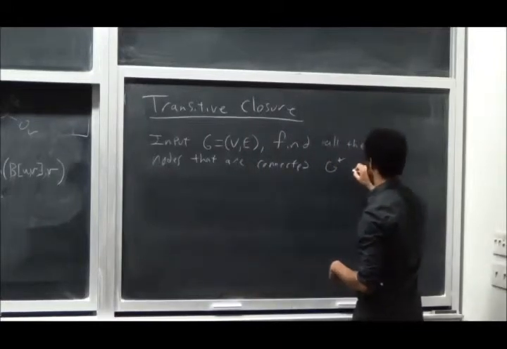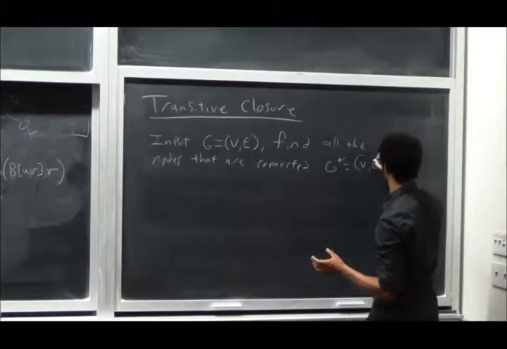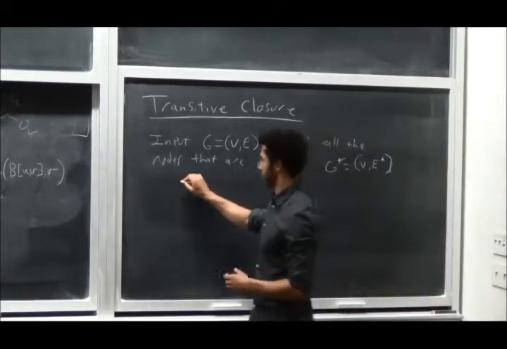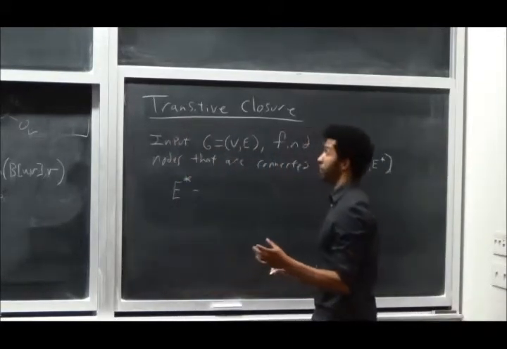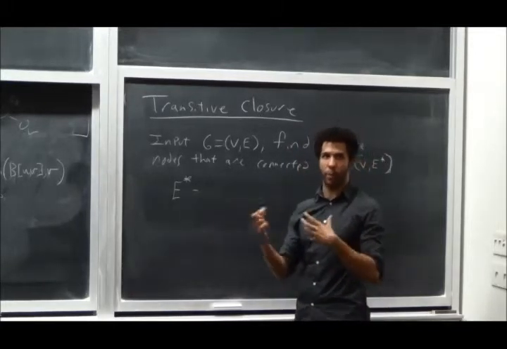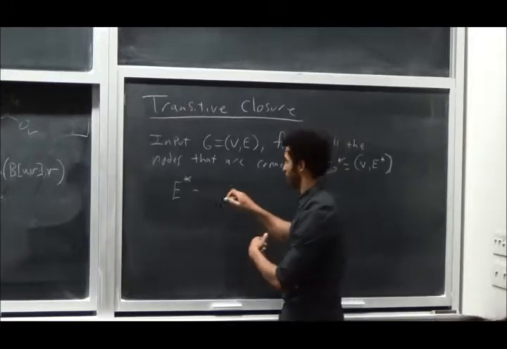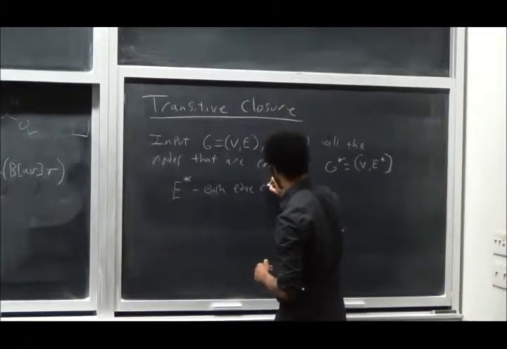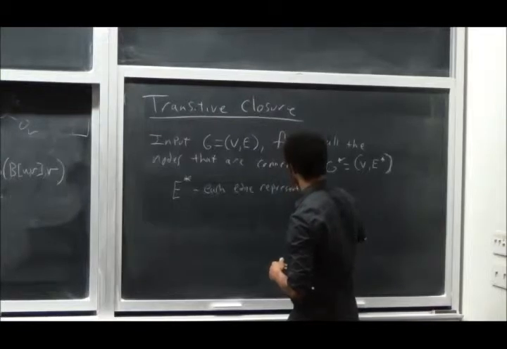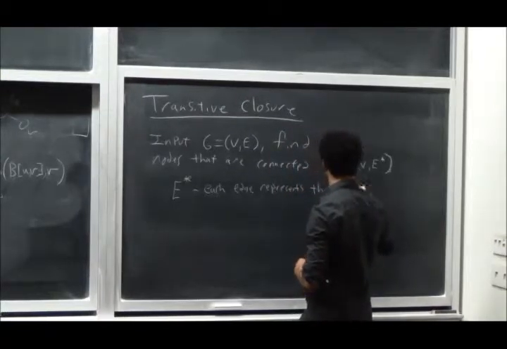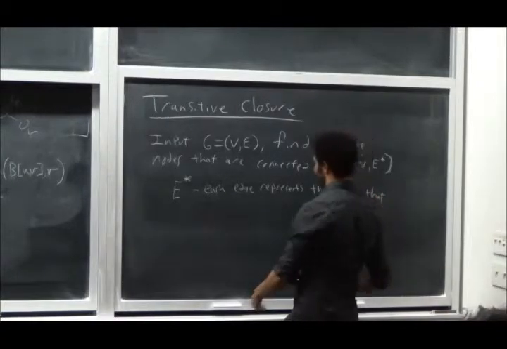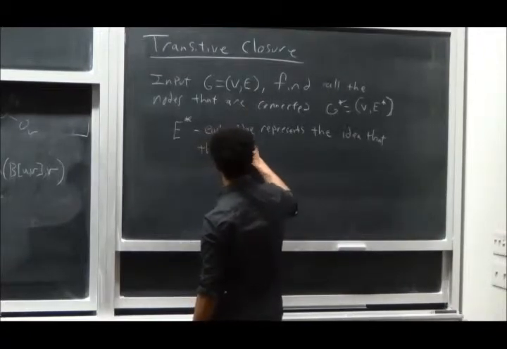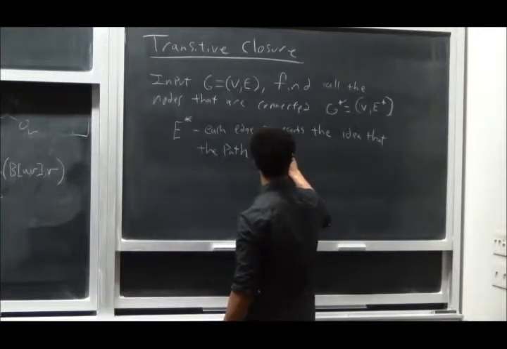Usually people talk about this as G star, or given some set E star, where G star is a special version of the graph, and the E star represents, broadly speaking, all the edges such that they represent the fact that there is a connection between U and B. So each edge, or a path, that the path PUV exists.